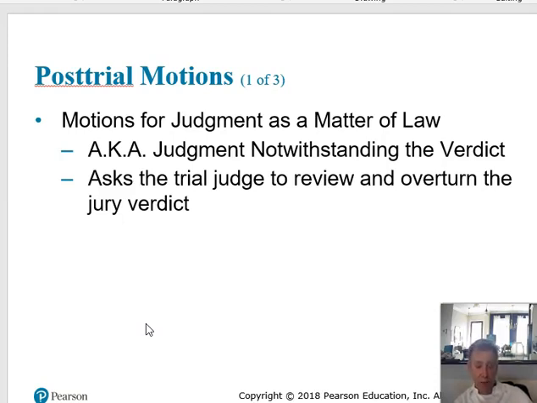Judges are usually pretty hesitant to do this. They would rather go to appeal than say to their jury, hey, y'all were wrong, I'm going to fix this. It really upsets juries. And remember, most judges are elected at the state level.